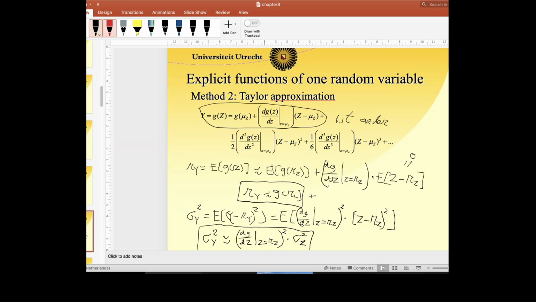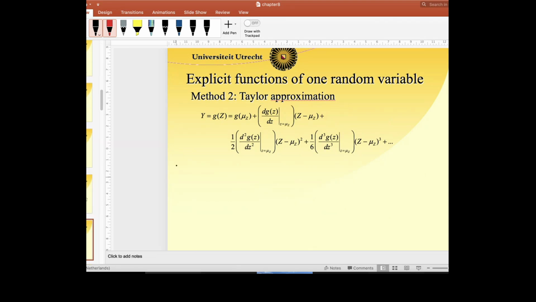Okay? Going now to the second order. If we go to the second order approximation, we're retaining these three terms, because we're only retaining the second order terms. Now I'm only going to do the mean, so this is the second order approximation.